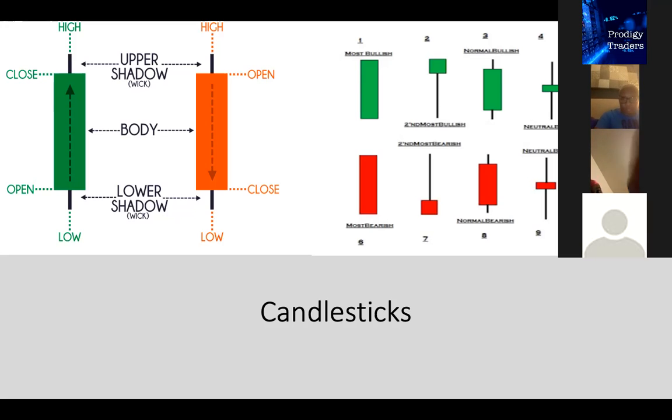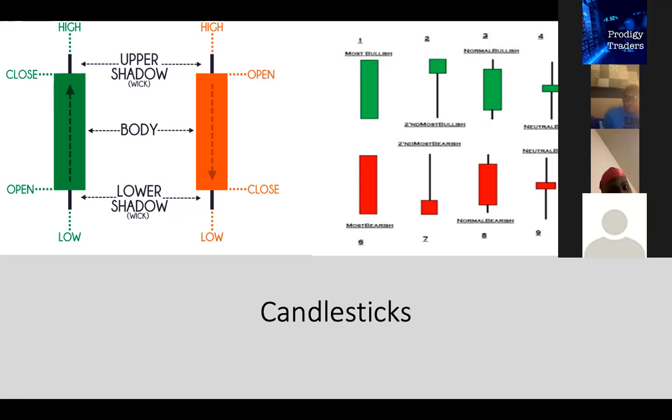Green is what's called a bullish candle. We talked about bullish last week, but for the ones who weren't here, you have a bull and a bear market. Bullish means that the stock is rising. Bearish means that the market is falling.